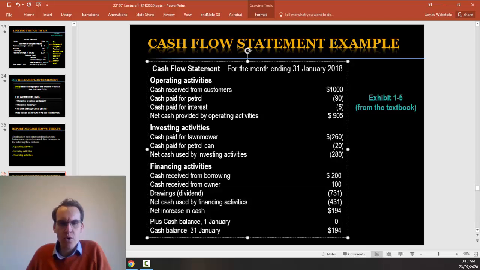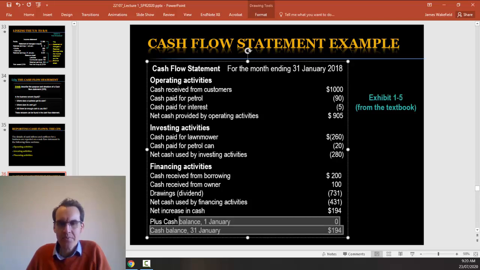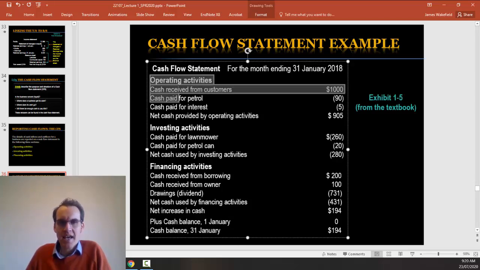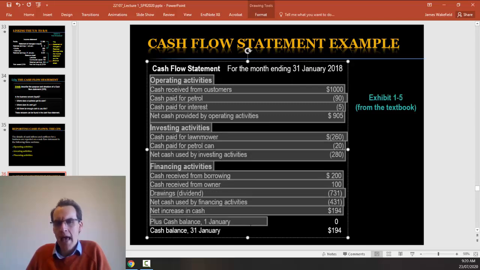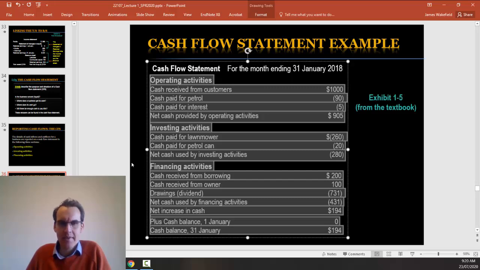So therefore, we had an increase in cash related to financing of $194. Okay, so we started with cash of 0 on the 1st of January and ended with $194 of cash at the end of the month. Okay, so a very important statement. We need to look at where our cash is coming and going from, and so we have an idea of the stability of the business and whether or not it can remain in business.